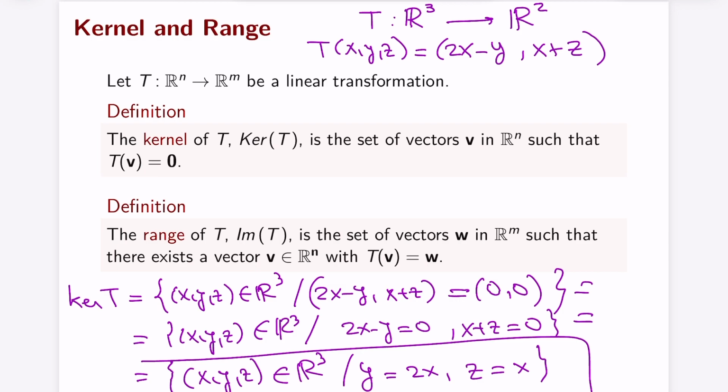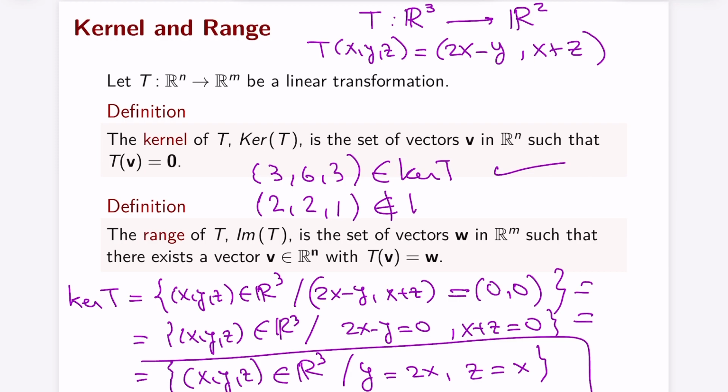So for example, does the vector 3, 6, 3 belong to the kernel? It does, right? Because here y is double the x and z is equal to x. So yes, that one does belong to the kernel. What about the vector 2, 2, 1?